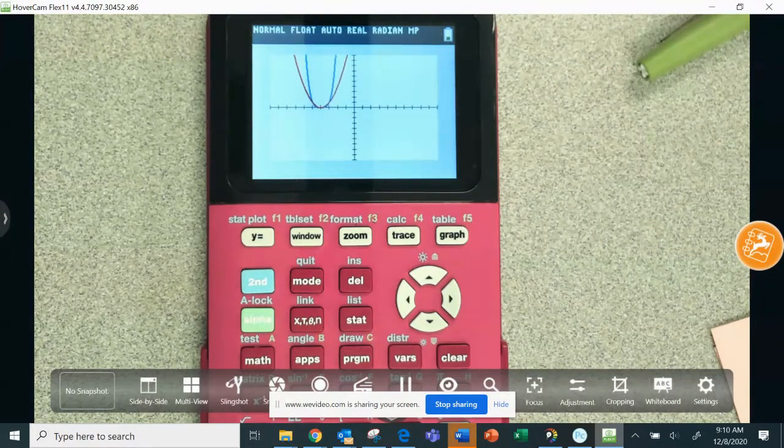They both hit -4 in one spot, but the quartic is flatter on the bottom, and then it goes up faster.